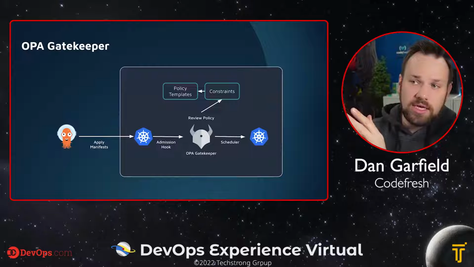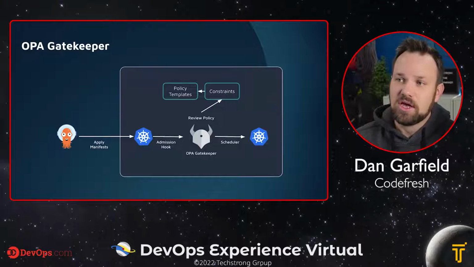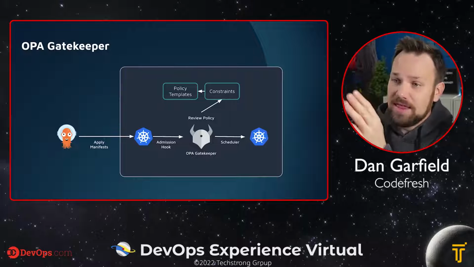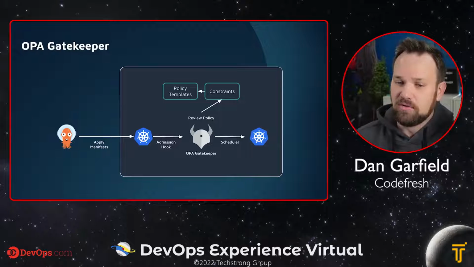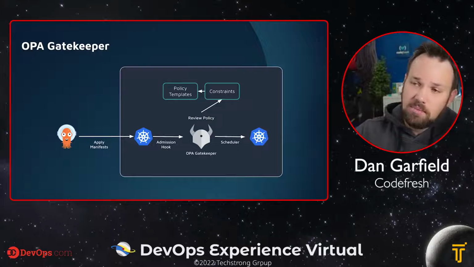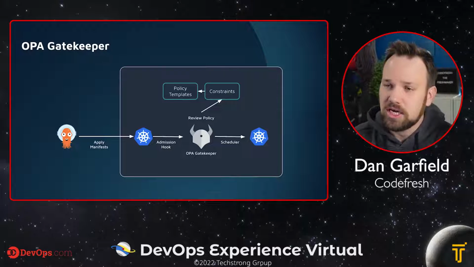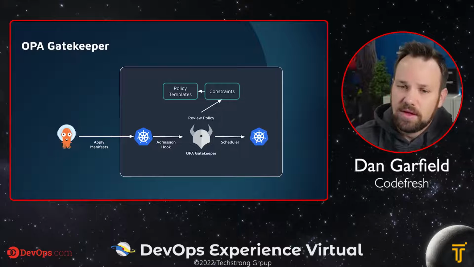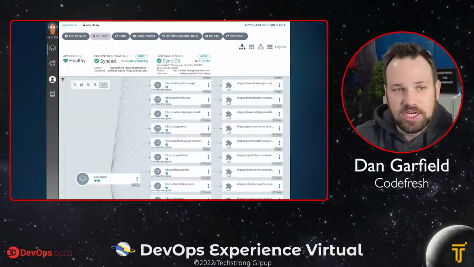And then a constraint is the actual policy itself. It says, check against this policy template, which checks namespaces, and these are the values that I'm looking for. And then once it's reviewed those things, if it passes, then OPA Gatekeeper will pass it on to the scheduler, and Kubernetes will continue deploying it. If it doesn't meet policy, it's going to be rejected.